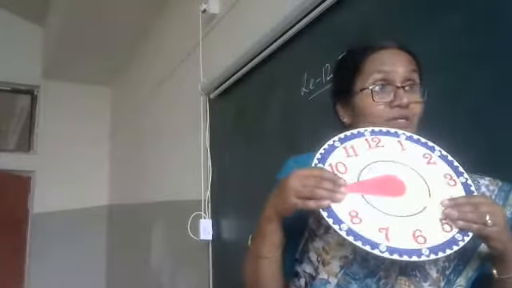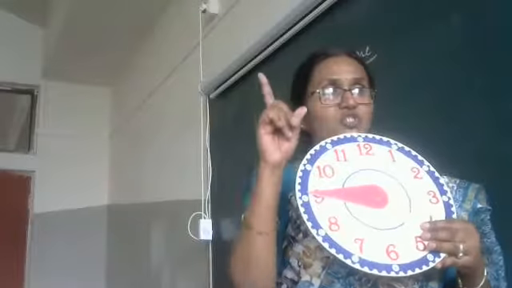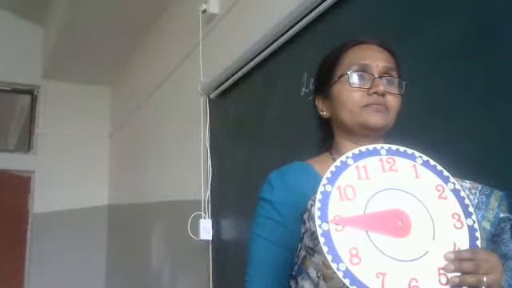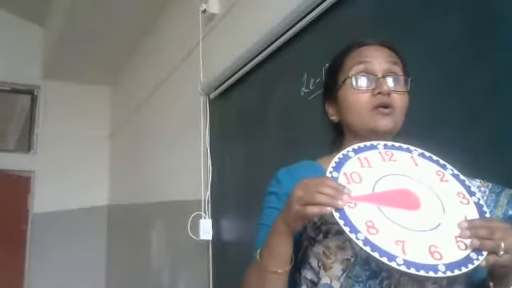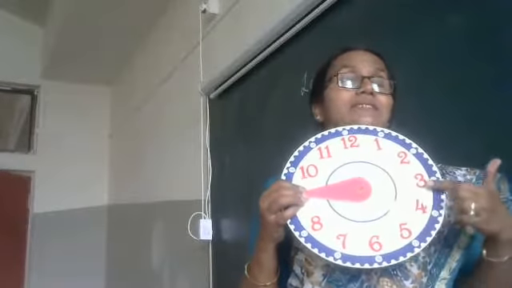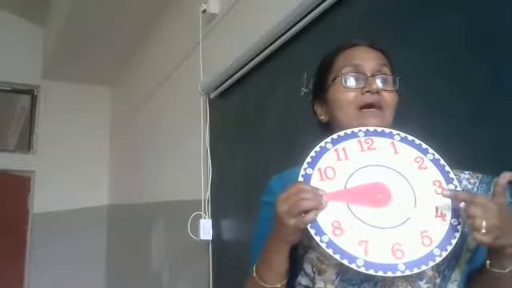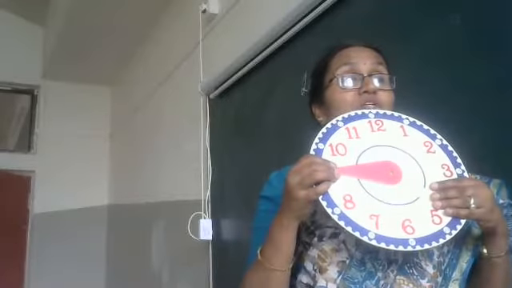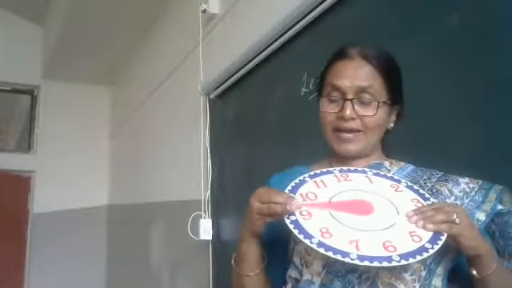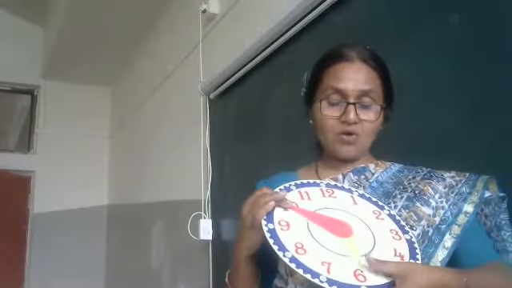So yes, quarter to 5. Only that is quarter time left to the next hour. It is going to the next hour. It shows the quarter time. So quarter to 5.